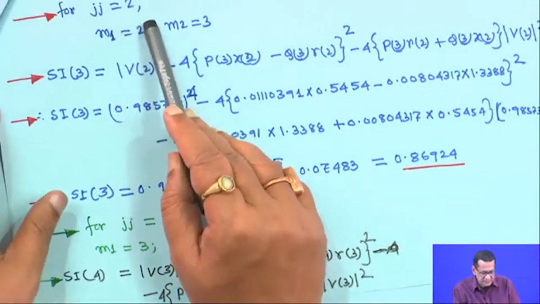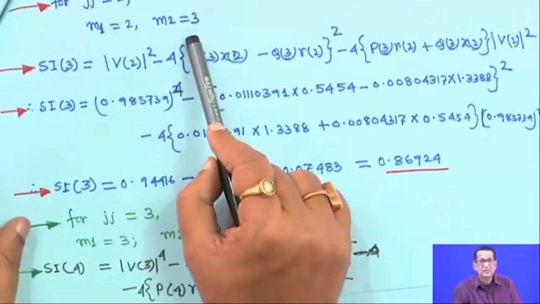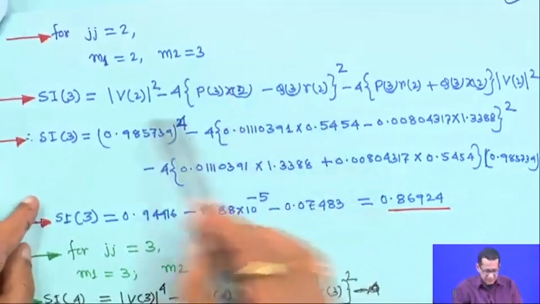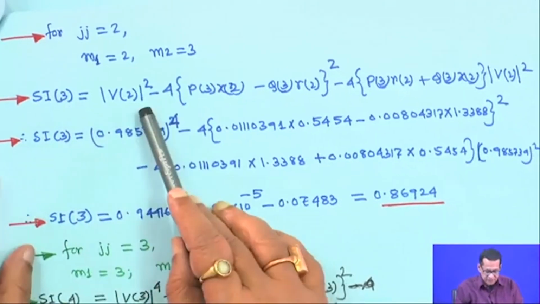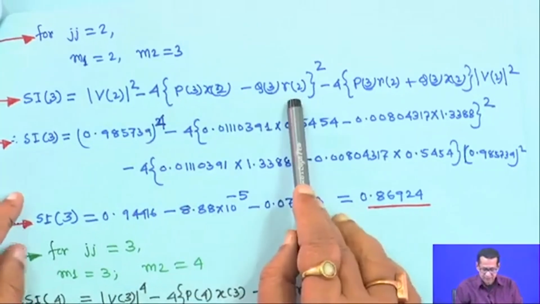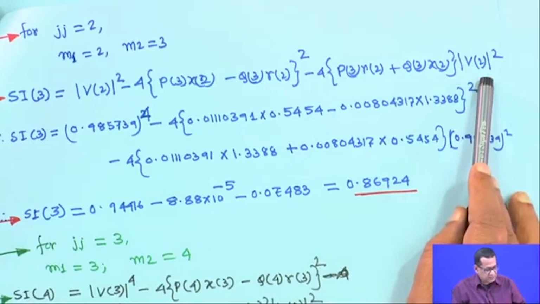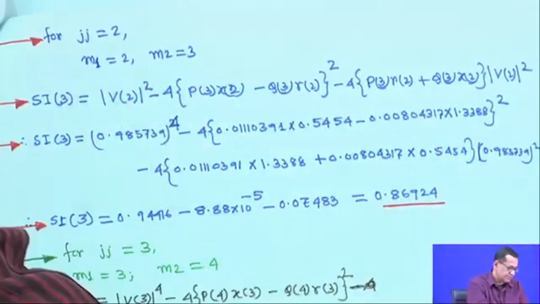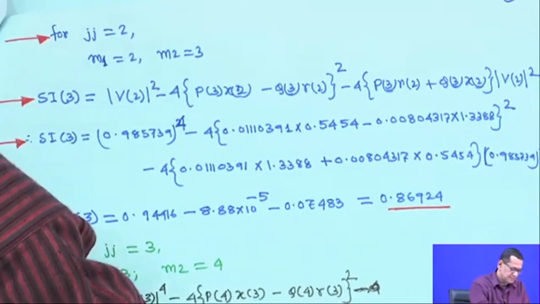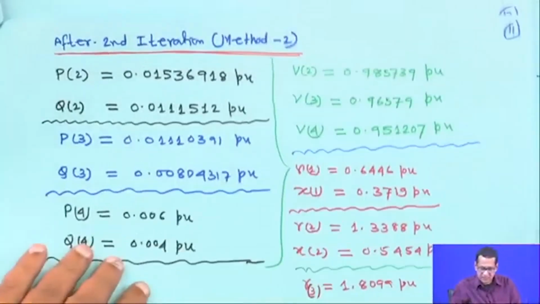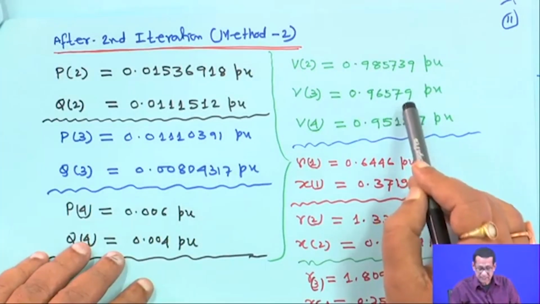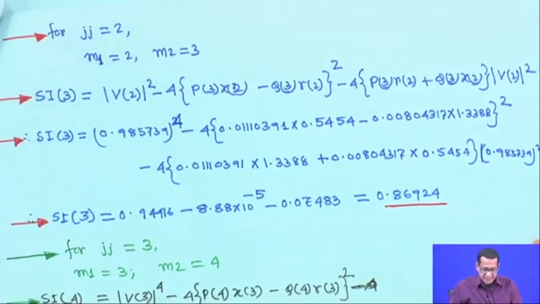Similarly, when j is equal to 2, m1 is equal to 2, m2 is equal to 3. Therefore, SI3 is equal to V2 square minus 4 into this term minus 4 into this term into V2 square. All these voltages V1, V2, V3, everything is available after the second iteration.